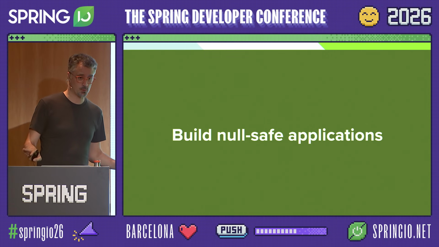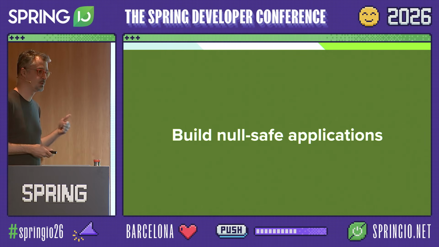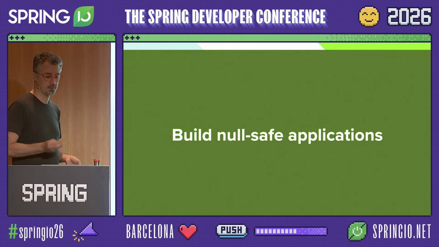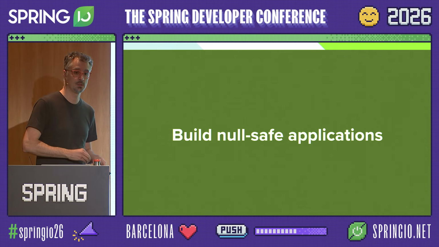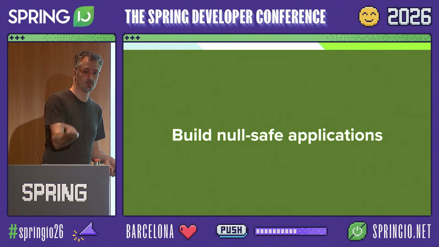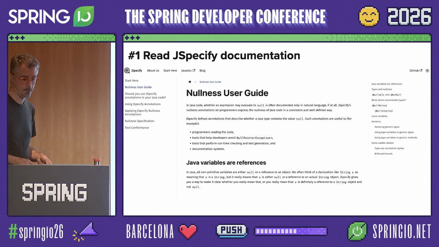I'm not saying you need to do that on every project. There is a lot of added value in doing that, depending on the context, and I'm going to explain how you can make your project null-safe, because you can't be sure that you are not at risk of getting a null pointer exception in production. We are covering the library code on the Spring side, but on your side, your application is at risk of producing null pointer exceptions.